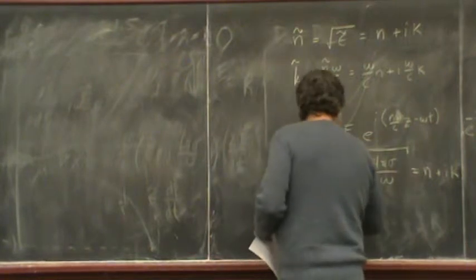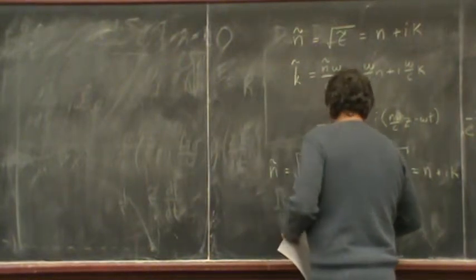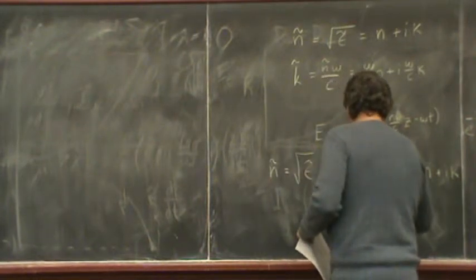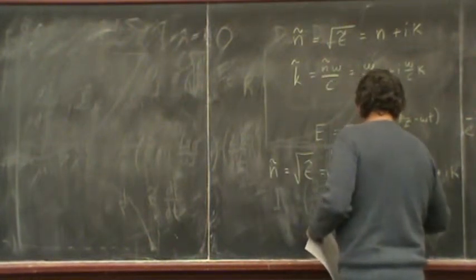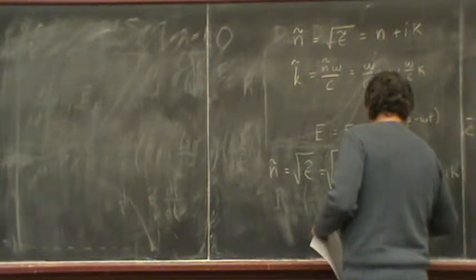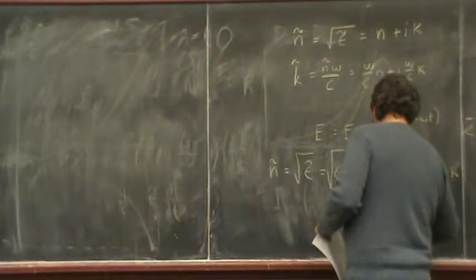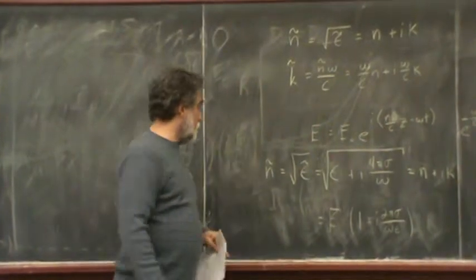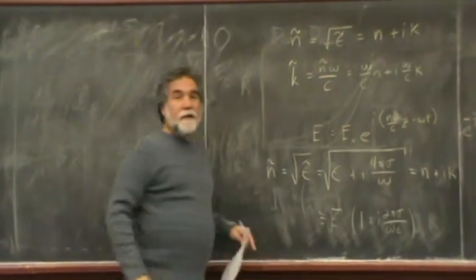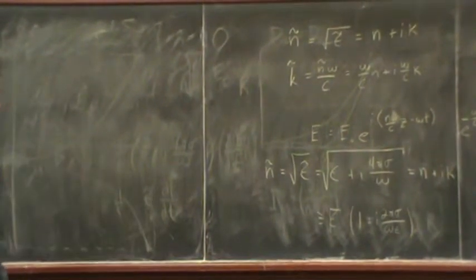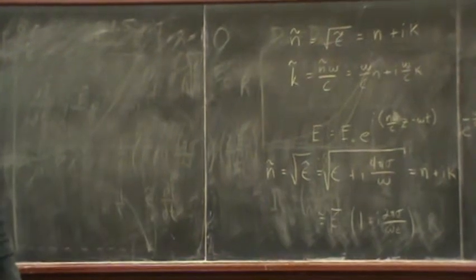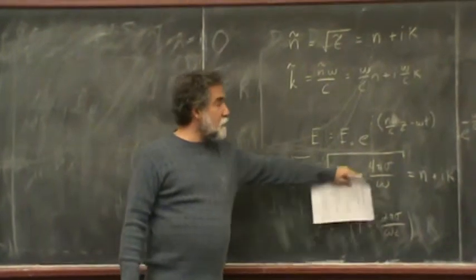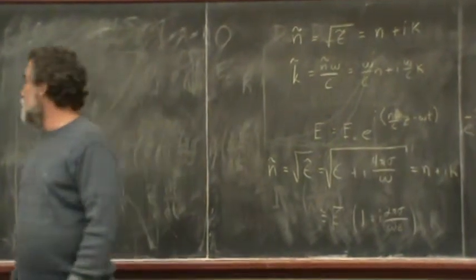So the whole thing in that particular case is the square root of epsilon times 1 plus i times 2 pi sigma over omega epsilon, to the 1/2 for the square root. I hope I did that right. So I just took this and Taylor expanded it for small conductivity.